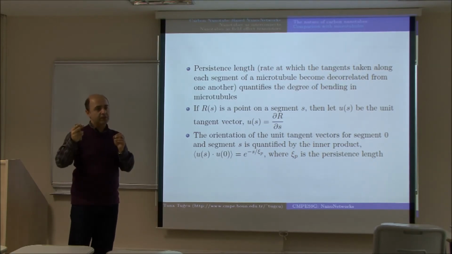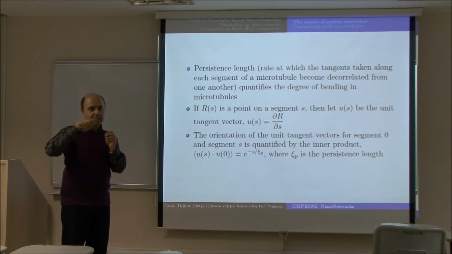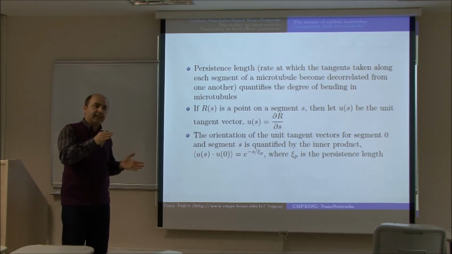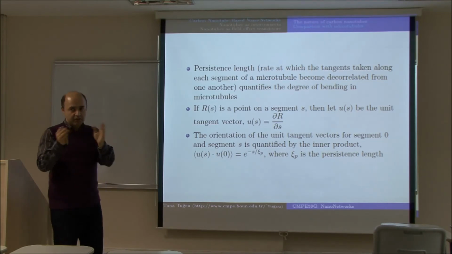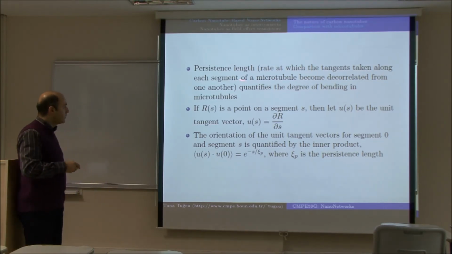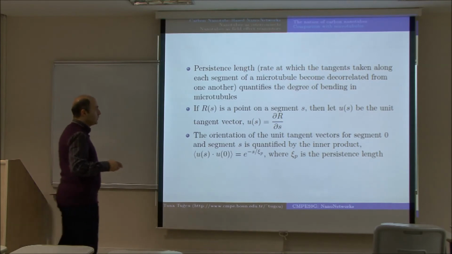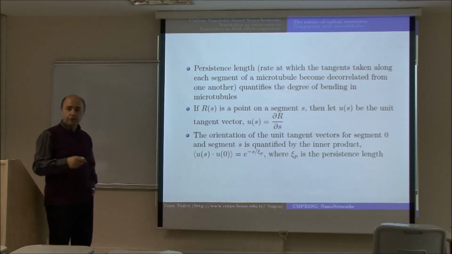Whereas at some sections, the tangents will be quite different. They will be decorrelated, where you can say that is the end of one microtubular section and another section starts. So that persistence length quantifies the degree of bending of the microtubule.